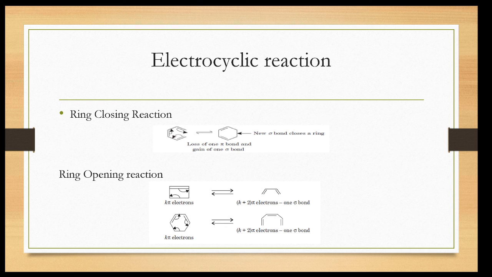If you study the frontier molecular orbital diagram of that particular pi electron system, and the HOMO of that system possesses C2 symmetry, then it undergoes the conrotatory mode of cyclization. C2 symmetry means the center of symmetry.